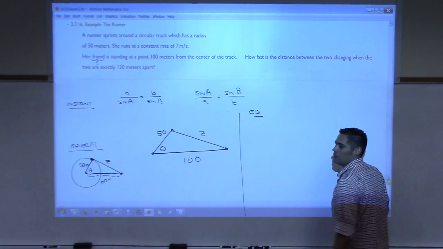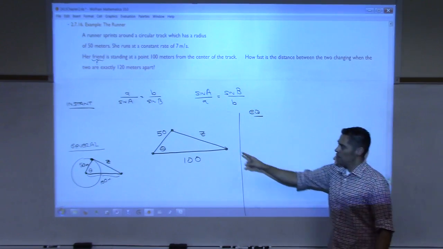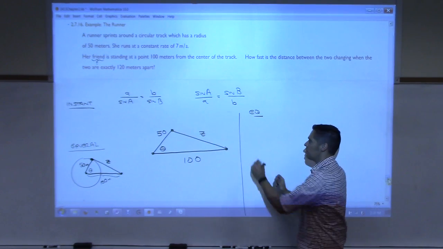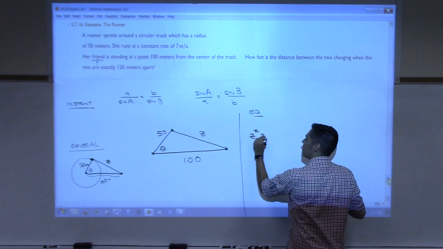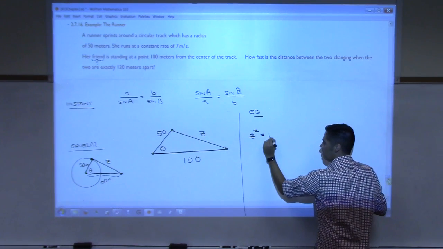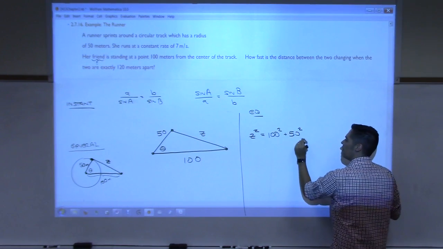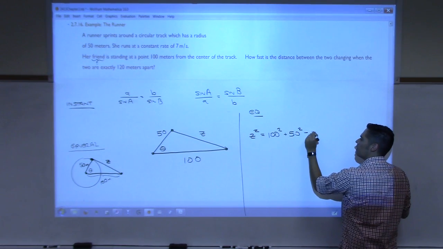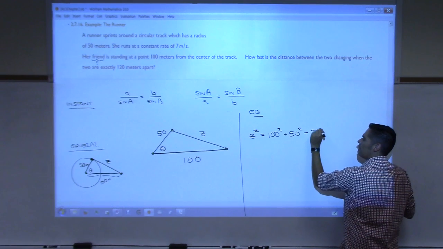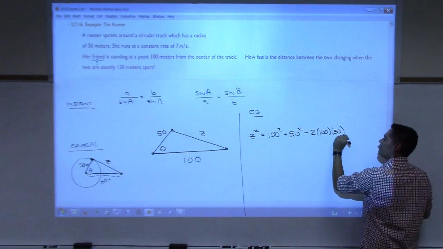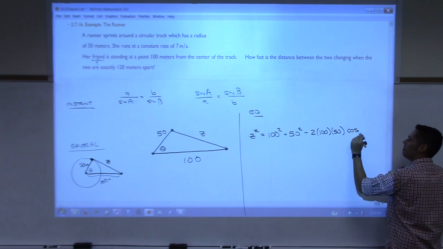Here it comes. Law of cosines. Help me out. Z squared must equal 100 squared plus 50 squared minus, not yet, 2 times 100 times 50 times cosine theta.